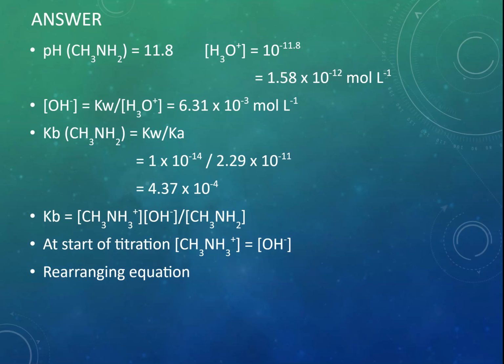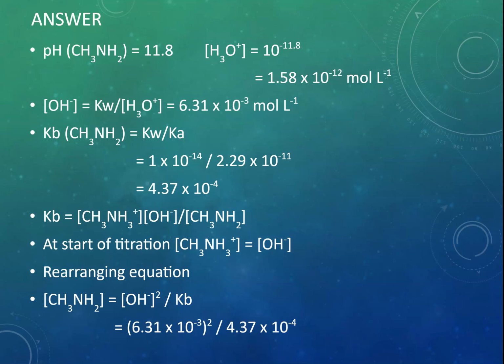So we can simplify and rearrange that equation to calculate the concentration of our methylamine. Substituting and solving with units of moles per litre, and we've got the correct answer, because in this case we were told to show by calculation that this was the concentration. We have now shown by calculation, I should say.